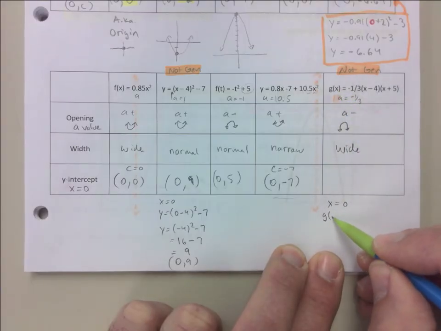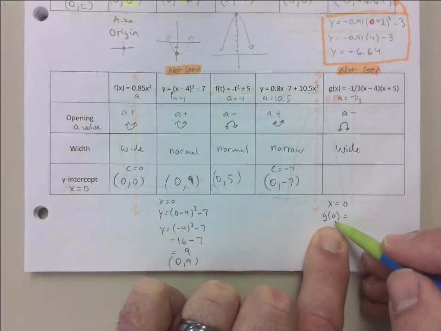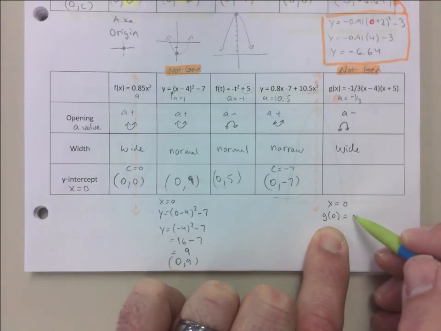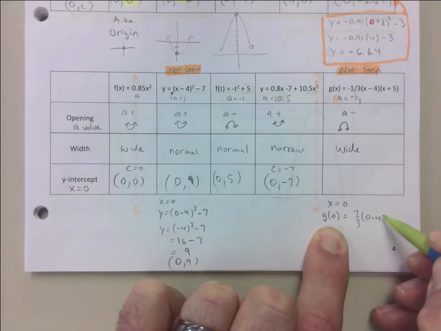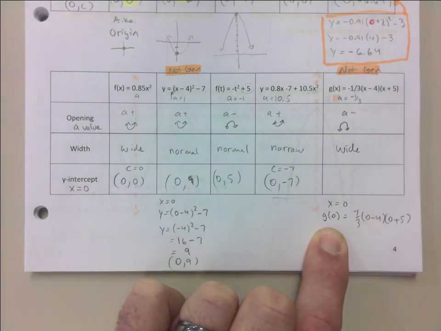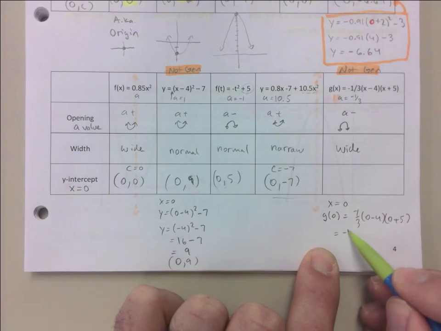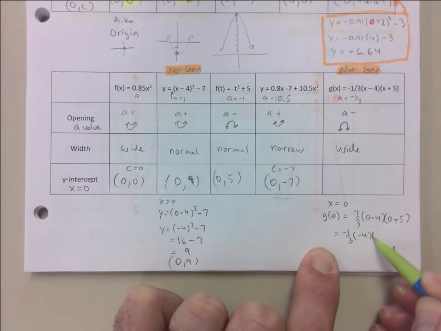So you could say g of 0, when we let x equal to 0, you're indicating to your audience that x is equal to 0. So it's -1/3, 0 minus 4, 0 plus 5. So you take that equation, you put zeros in for x. Then it's -1/3. That's just -4 times 5.